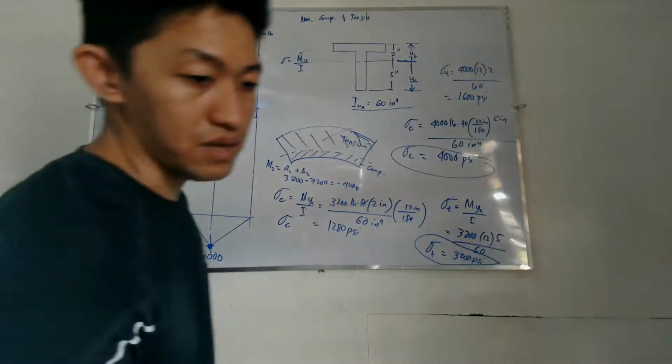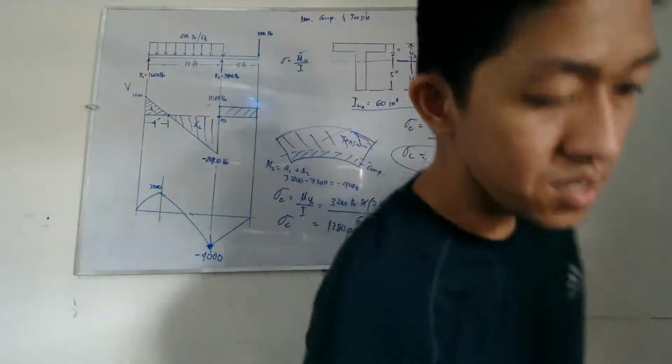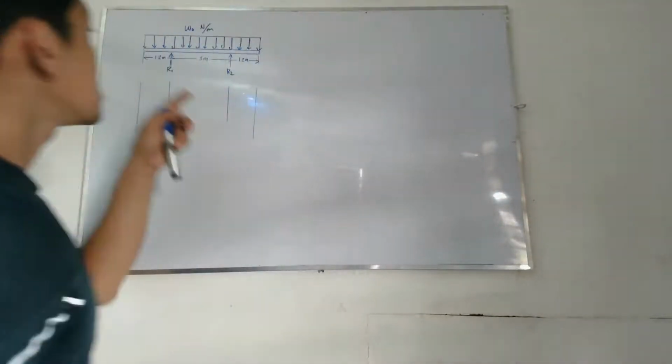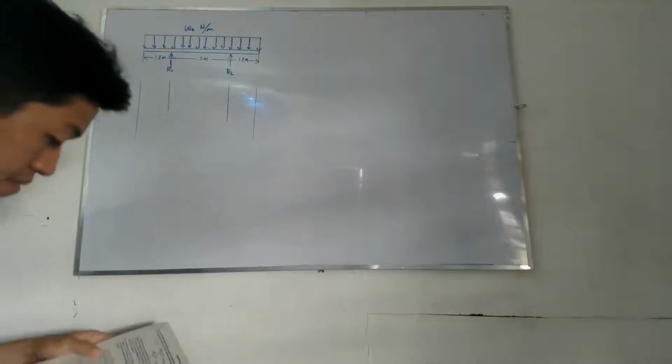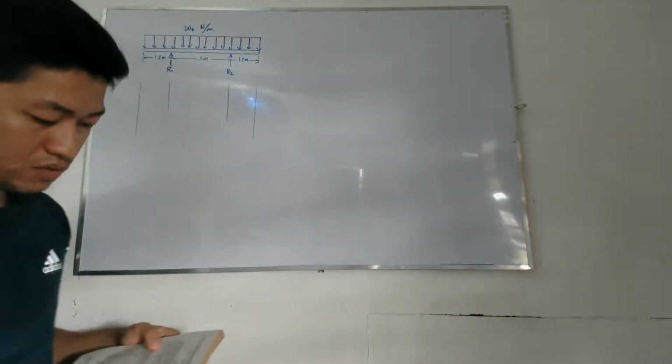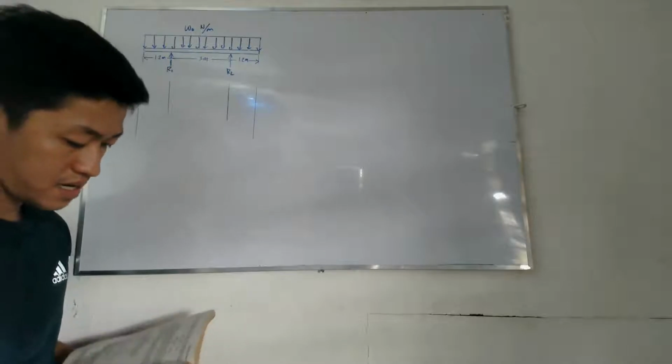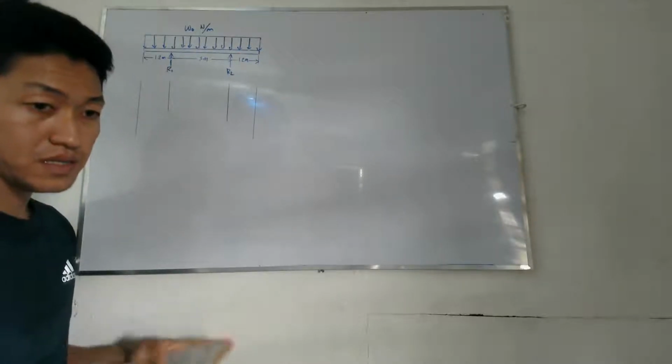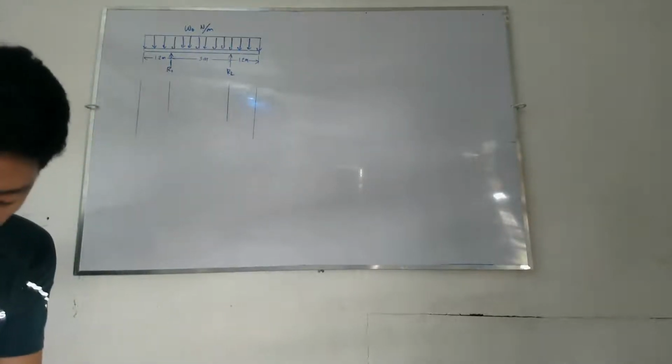Okay, so we'll have another example. Okay, so we have this beam. Okay, so this is an overhanging beam. It's made of cast iron for which the allowable stresses are, okay, so I will write the allowable stress.